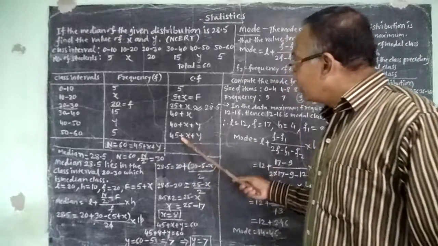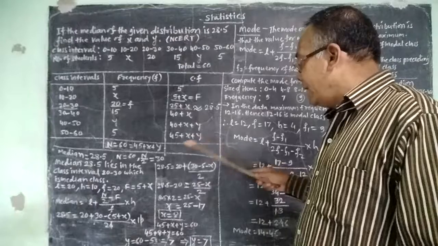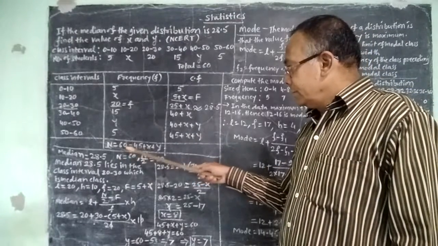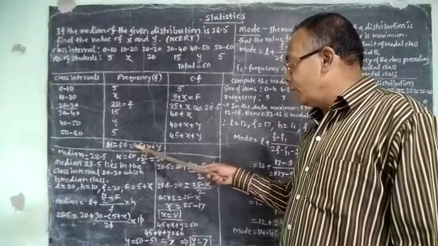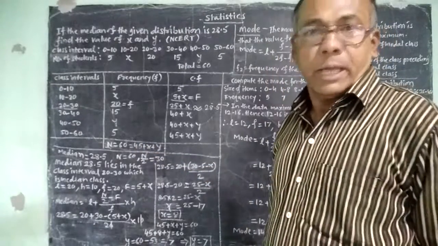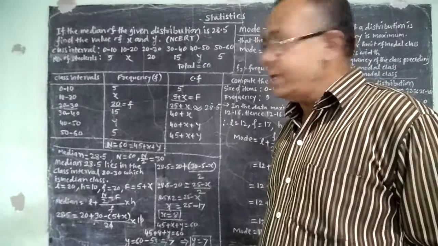Here the total cumulative frequency is 45 plus x plus y, and its value is 60. So 60 is equal to 45 plus x plus y. And now we will find the values of x and y.